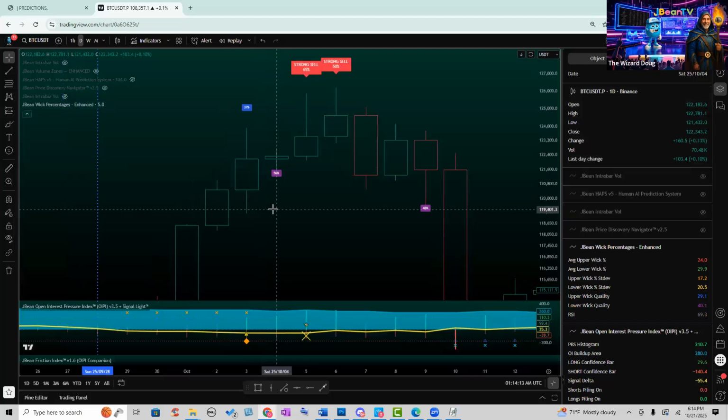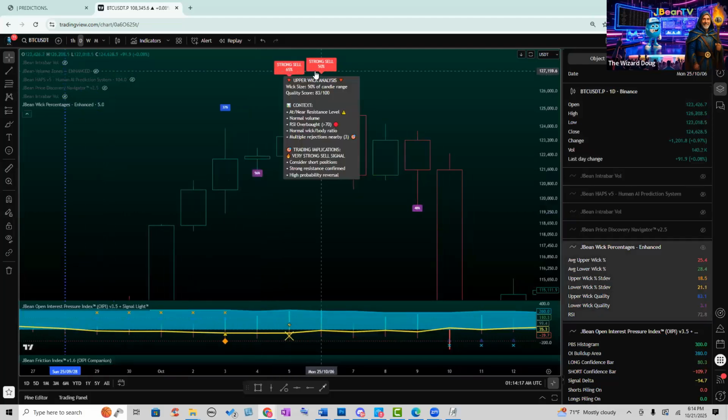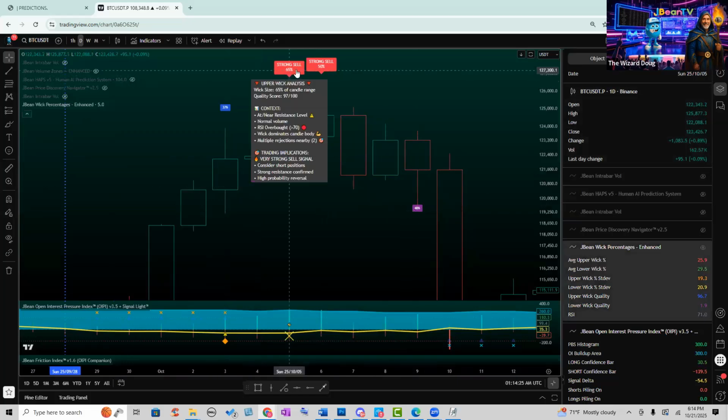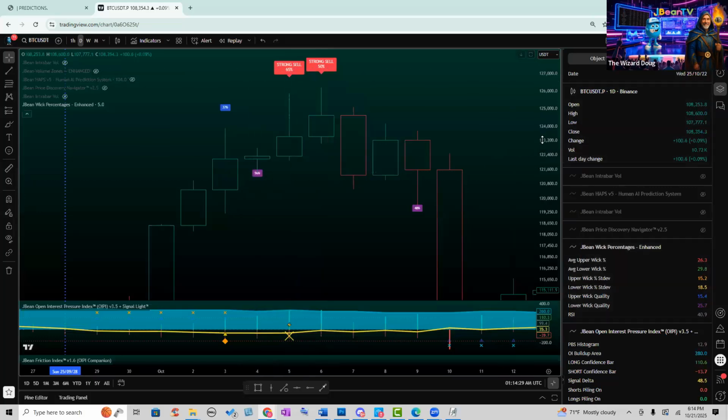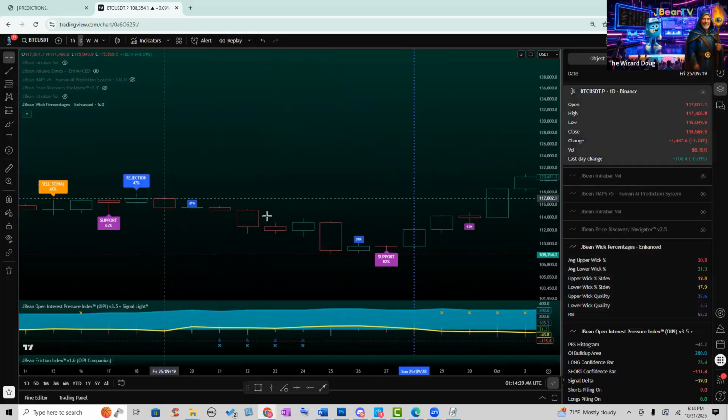So the wick percentages are important, but this is designed to point out when things need to be watched, okay? These are just good data points, and we'll see if there's ways to use those. But these are the critical things for you to be watching. And we can look, strong support, we go up. Rejection, we go down.